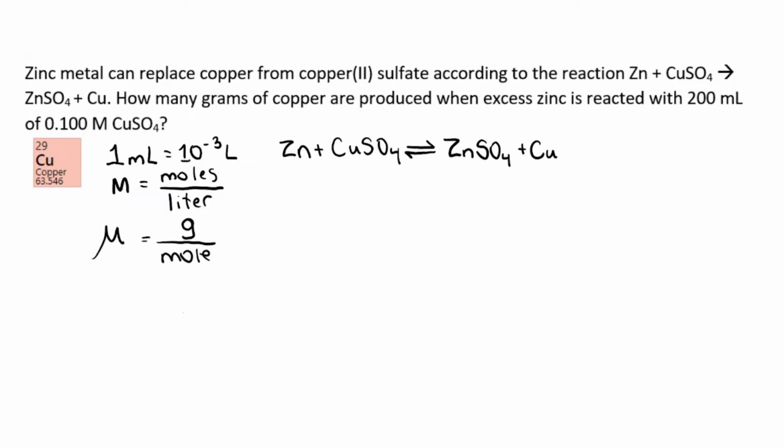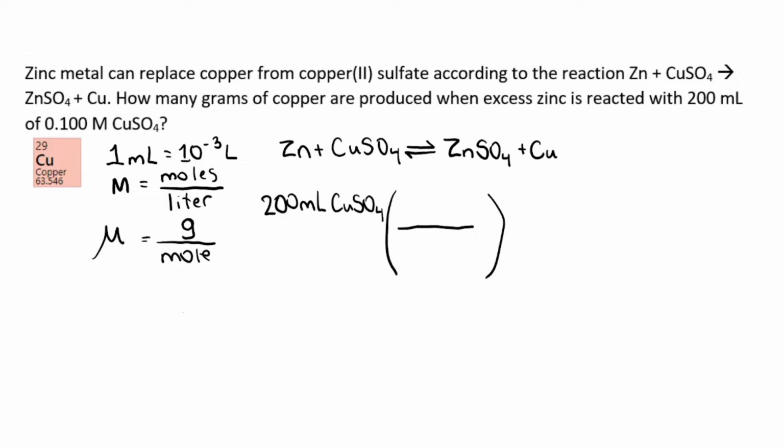The way you solve this is through dimensional analysis. What we have here on this side is our conversion factors that we're going to be using, and then here is our balanced equation. Okay, so we're going to start with 200 milliliters of copper sulfate, and we're going to convert these milliliters to liters.